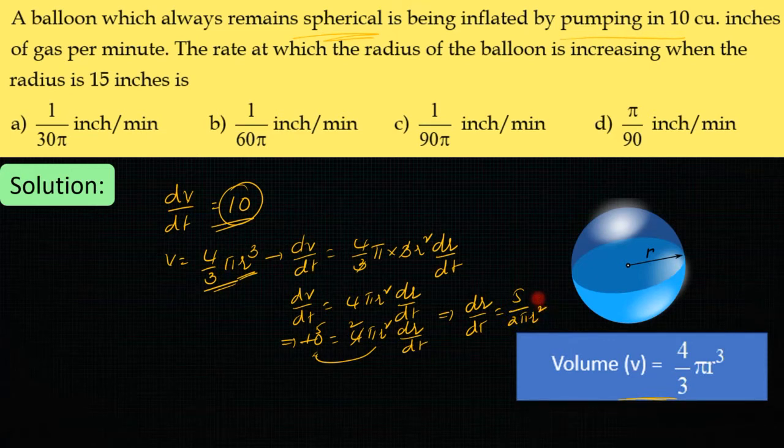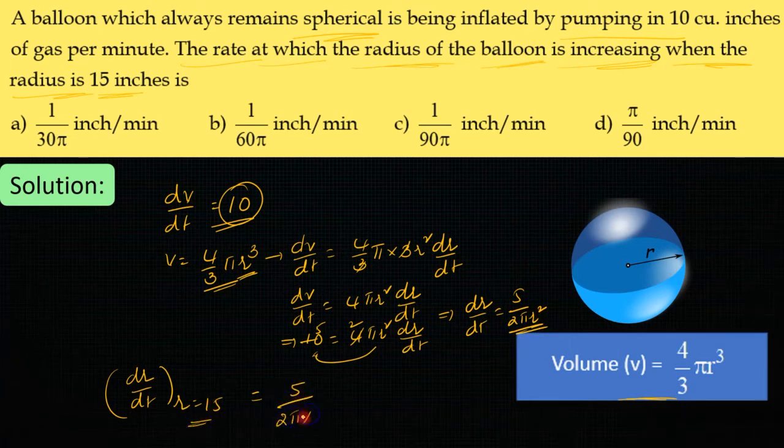Now we have to find the rate at which the radius of the balloon is increasing when the radius is 15 inches. That is, dr by dt at r equal to 15. This is equal to, here we substitute r equal to 15. We get 5 by 2 pi into r square, that is 15 square.